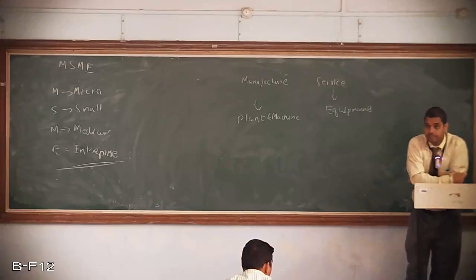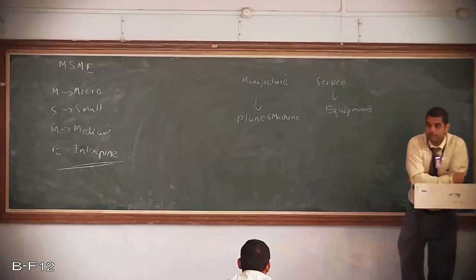If it's less than 25 lakhs, it's termed as micro. If it is from 25 lakhs up to 5 crores, then it is medium. And if it's from 5 crores up to 10 crores, it is small scale.